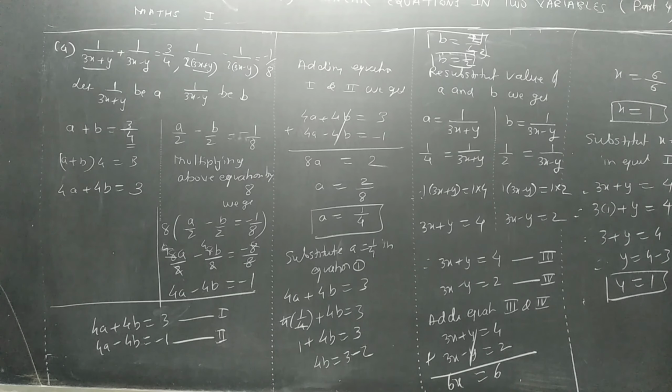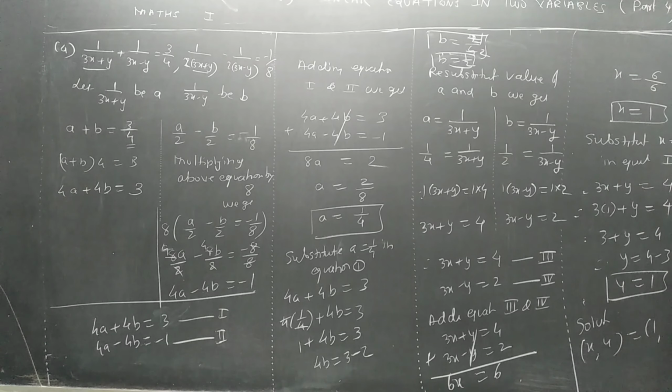So what answer did you get? The solution x comma y is equal to 1 comma 1 is the final answer for your question. Okay, this is the answer: x is equal to 1 and y is equal to 1.